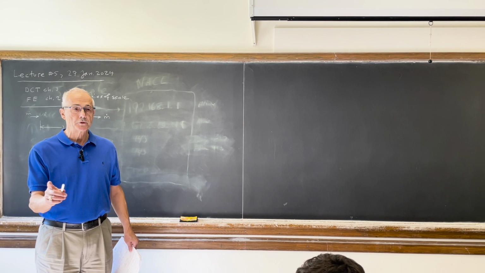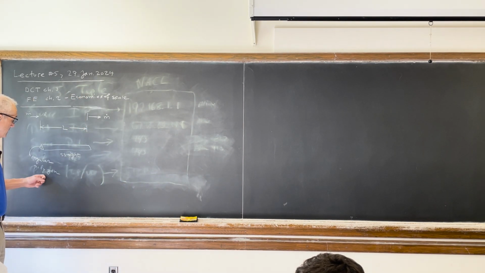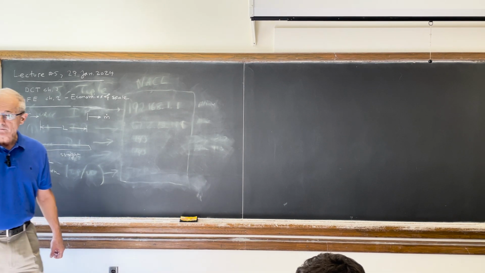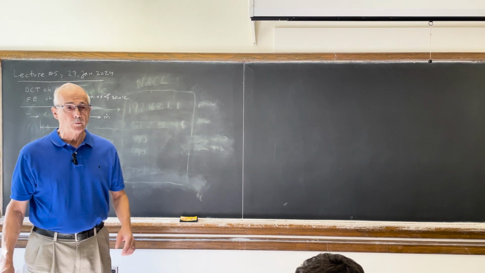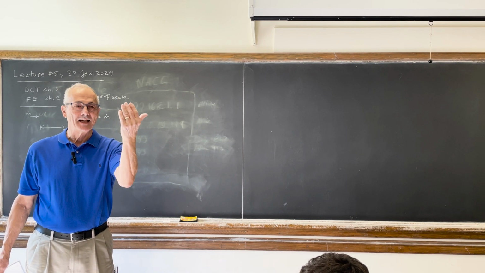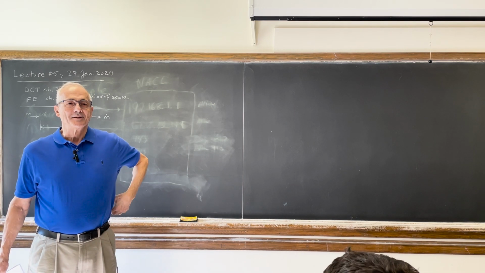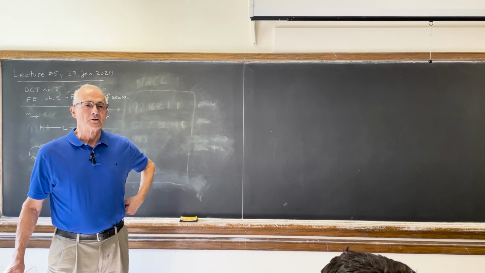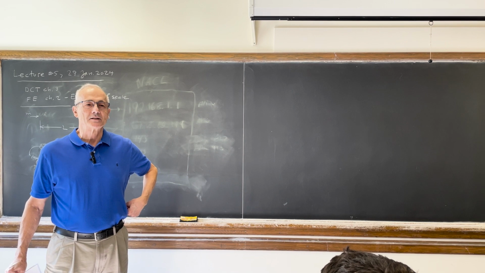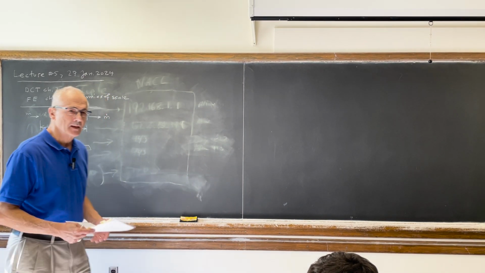I'm not sure you're wondering what this word means in Greek. Poly. I think I know what it means. Tell us. Many sides. No. Many, yes, but many what? Gon comes from corner, angle.